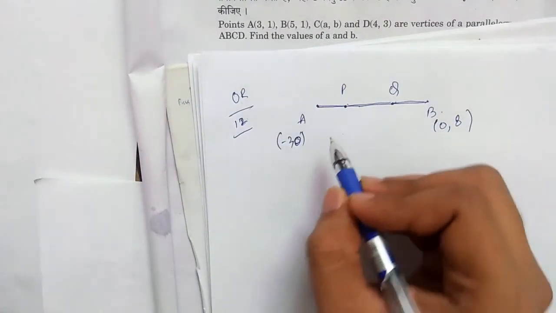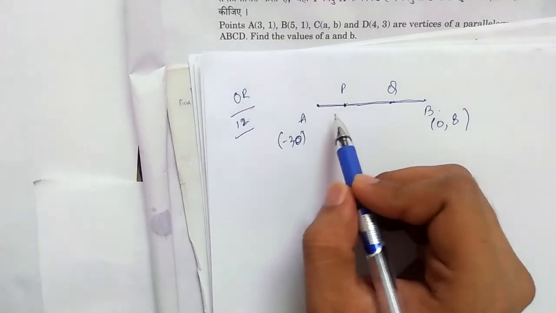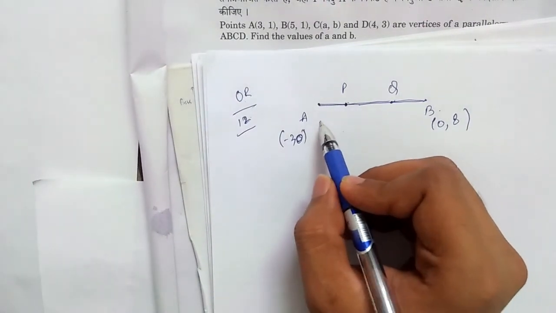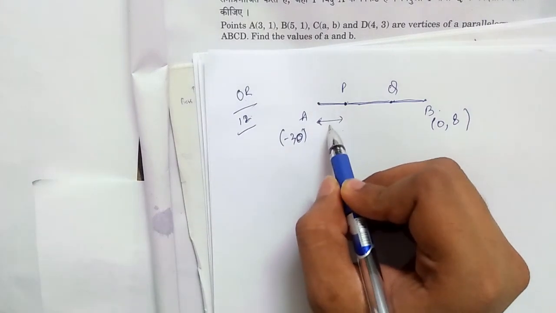So let's take it case by case. If we take P as one point in this line AB, it will divide AB in the ratio 1:2.